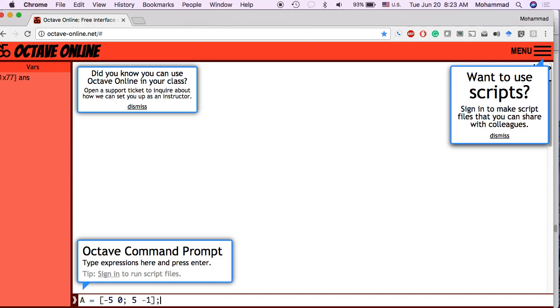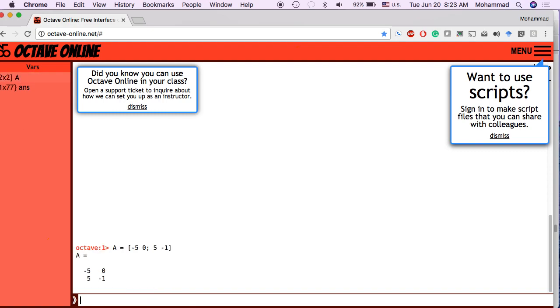This is the A matrix. The B matrix was simply 1 semicolon 0. So this is the A matrix, this is the B matrix. So we introduce A and B.